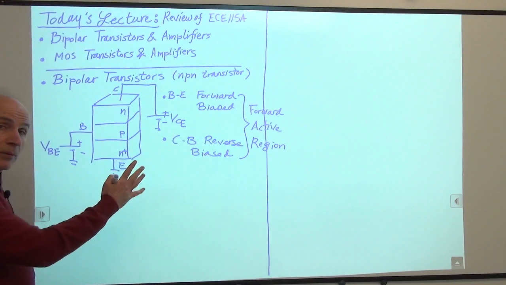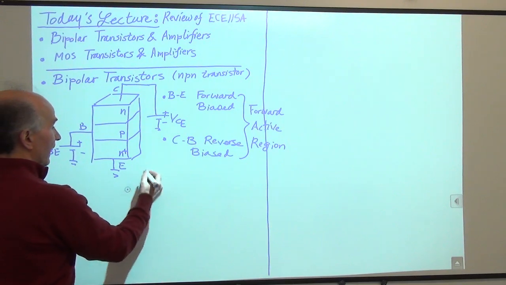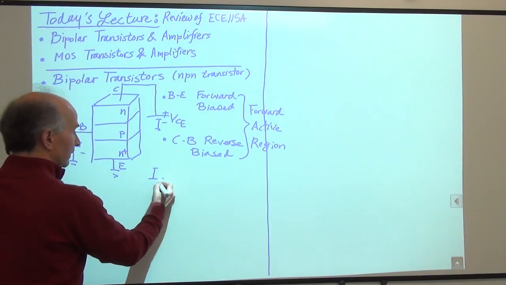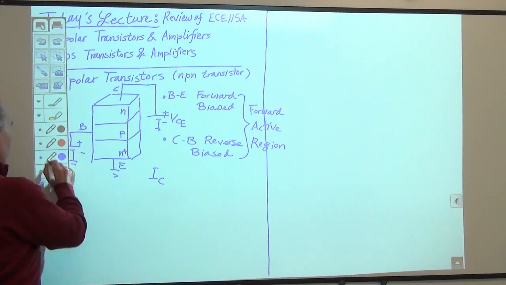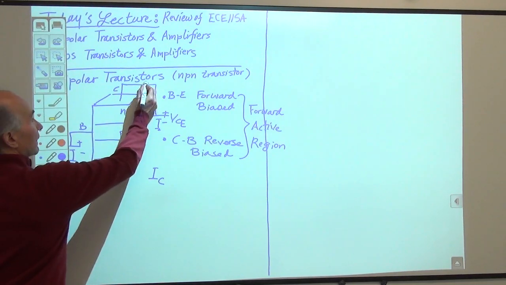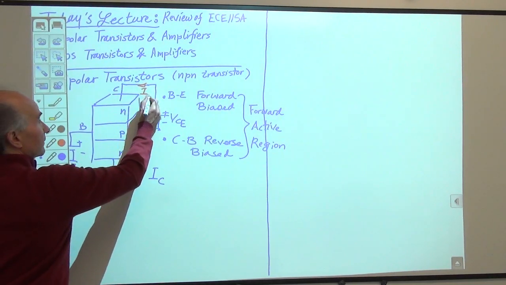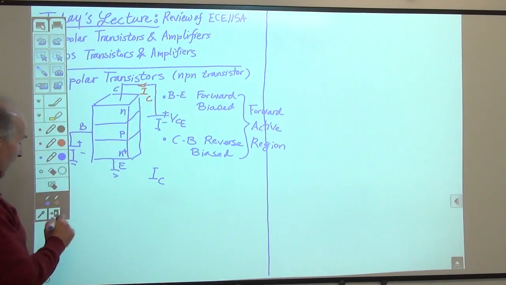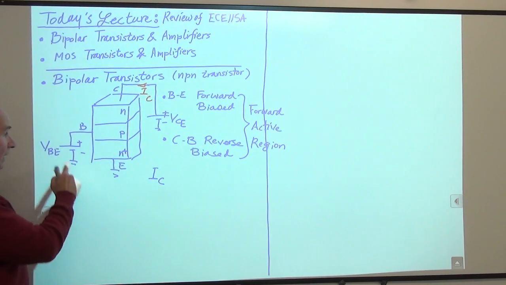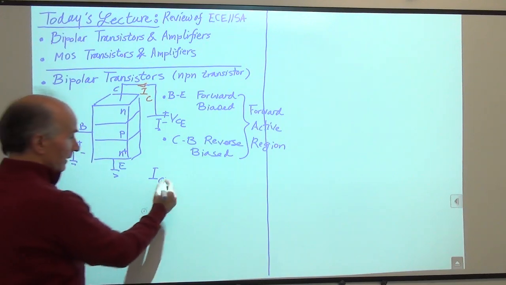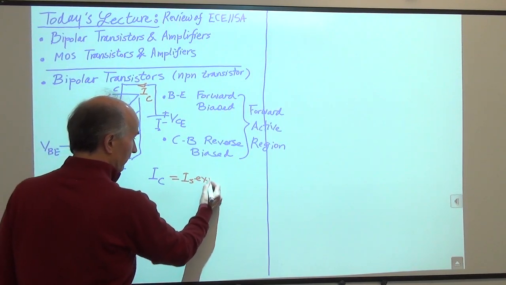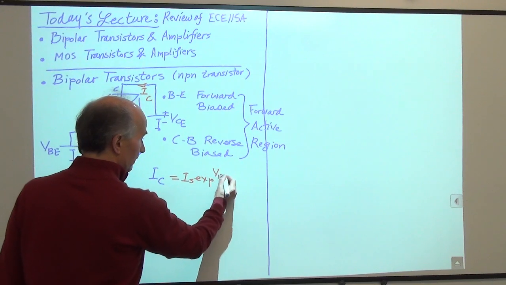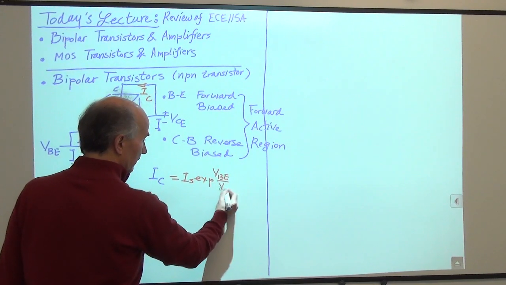In this region of operation, we can say that the collector current, meaning the current that flows this way here, this current, IC, is an exponential function of the base emitter voltage. So it's IS exp of VBE over VT.